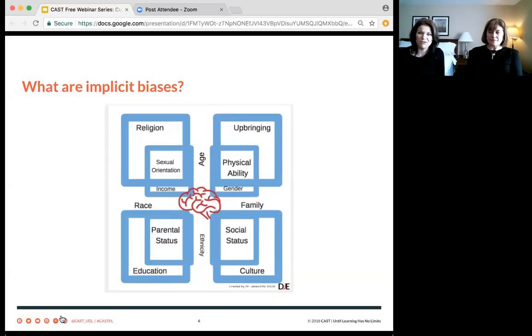Sometimes they're tough to look at because they're implicit, so they're sort of hidden. You might not realize that you have some of the biases that it points out to you. But I think the important work to do after that is to start thinking about how these show up in my learning environment. How do these show up in my interactions with my colleagues and my learners?